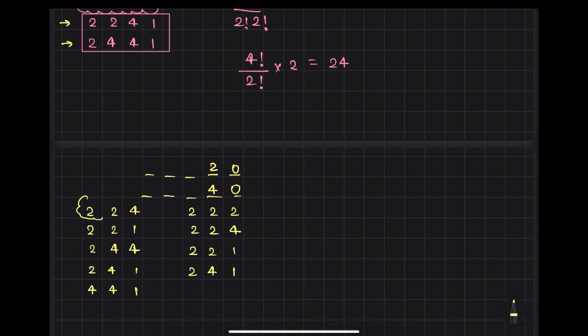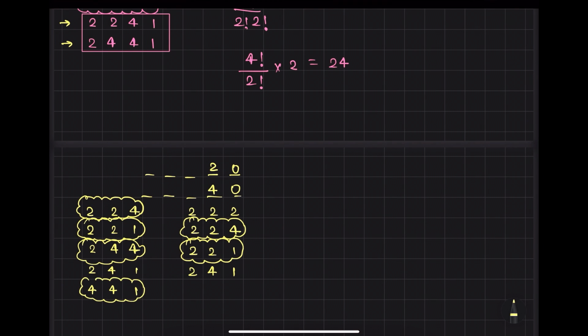Now look at this. In these cases, there are 3 numbers, out of which one number is repeated twice. So these cases are the same.